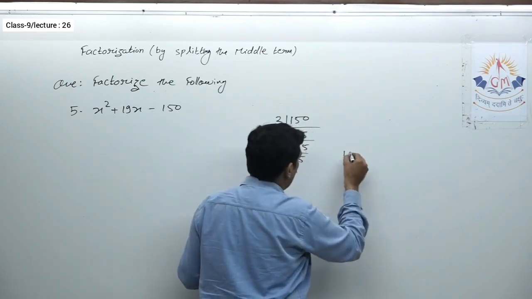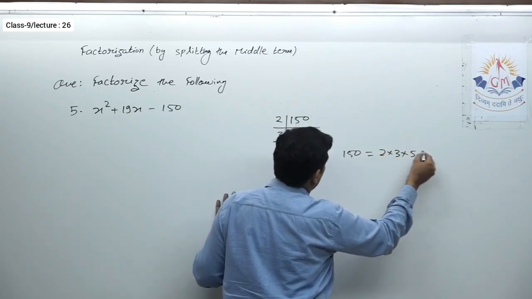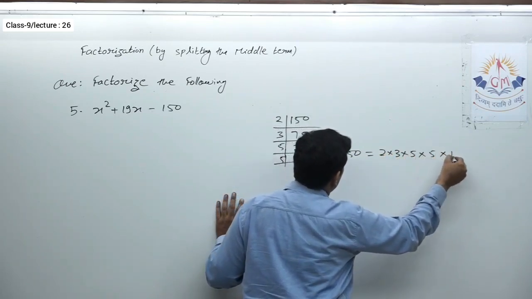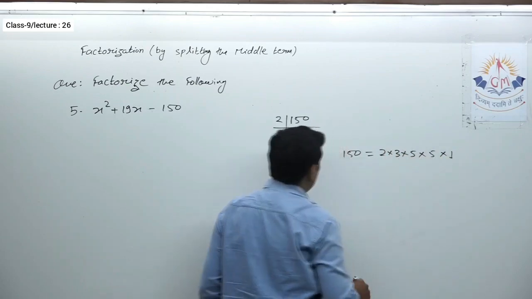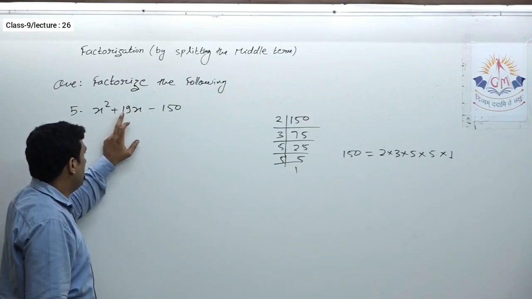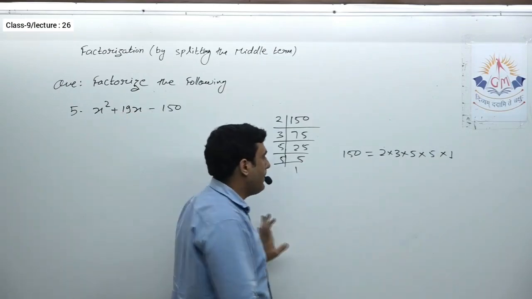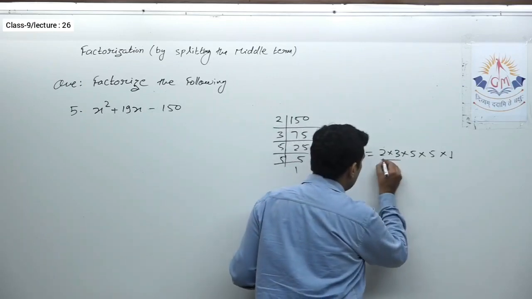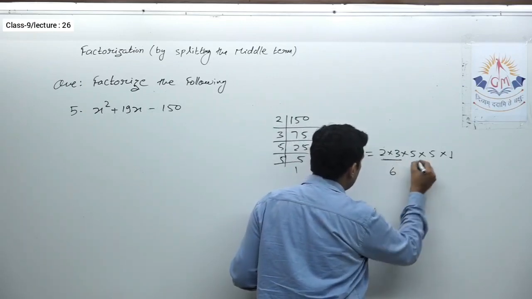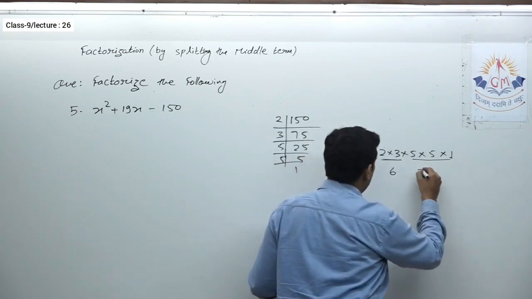So the factors of 150 are 2 multiplied by 3 multiplied by 5 multiplied by 5 multiplied by 1. Now we have to split, or make groups, such that we'll get 19. So if I take these two together, that is 6, and this 25, sorry, 25 not 15.